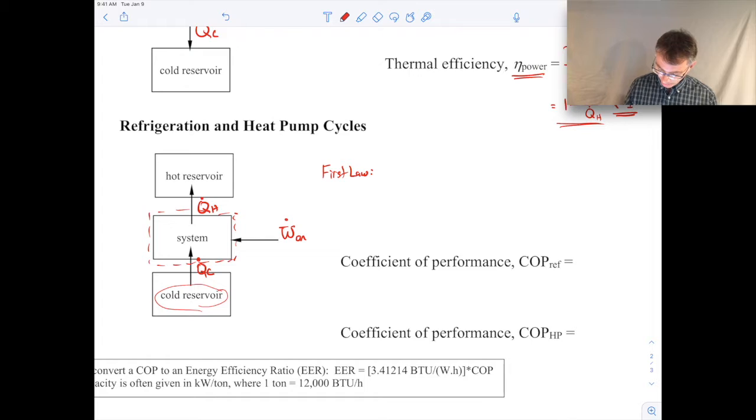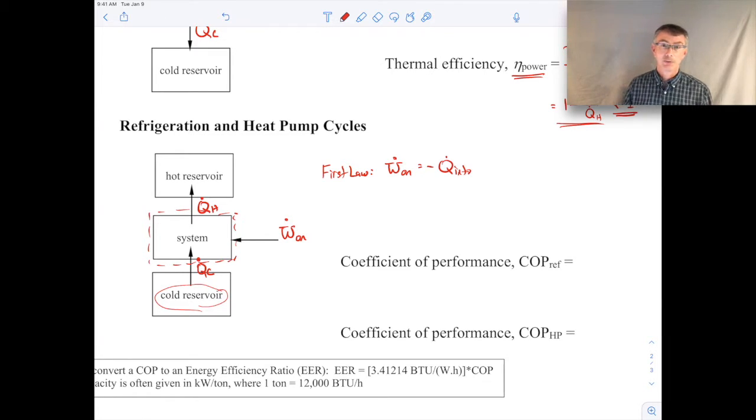So in this case, I'm not going to put all the steps, but just like what we did with the power cycle, what we'll end up getting when all is said and done with our analysis is that the power that you have to put into your system is equal to minus the Q dot into the system.